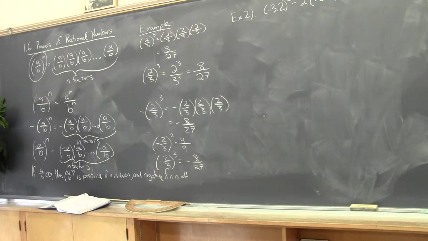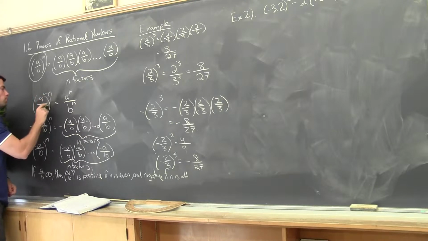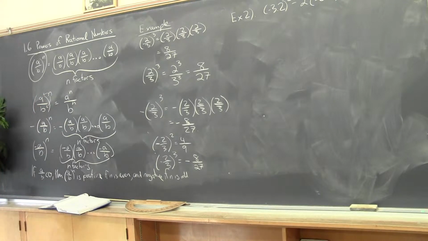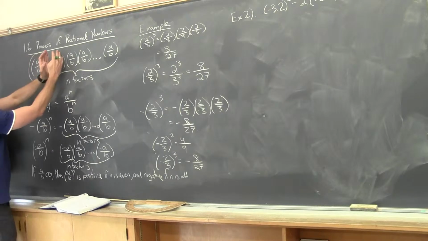Okay? So the important thing is, when you raise a fraction to an exponent, you have to recognize that that exponent belongs both to the numerator and the denominator. A lot of people want to apply it to just the numerator or just the denominator. You've got to understand that it applies to both. And the reason why is that you can see what's happening here.